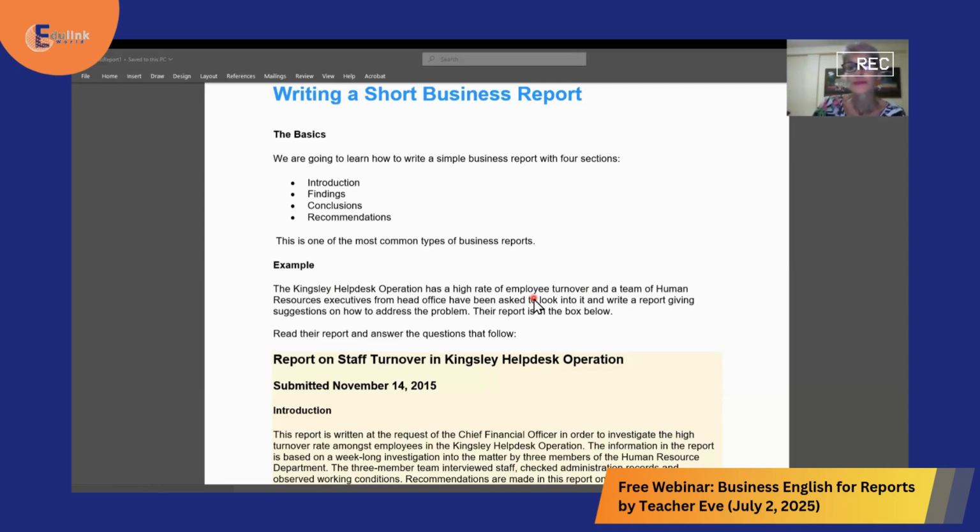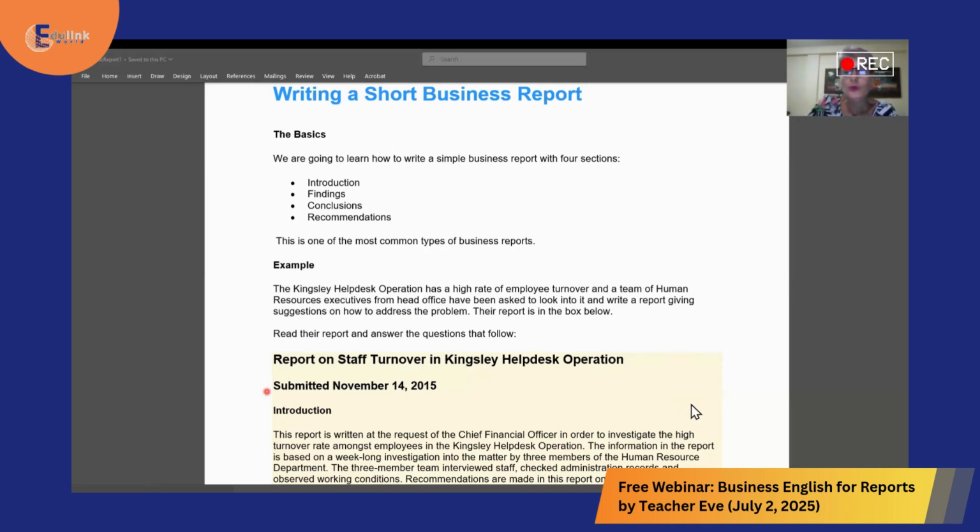So the report is about what happens when some of the human resources staff come from head office to the help desk operation, which is in a different town, and they write a report because they want to try and solve the problem. They suggest how to address the problem, how we are going to make things better. Okay.